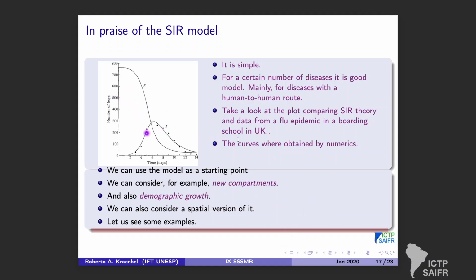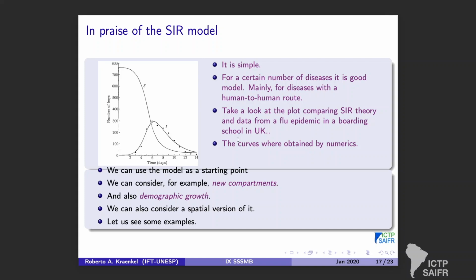This is the number of susceptibles, and this is the number of infectious people that go up and down. This is in a boarding school in England, a long time ago. So it's really a closed system with very few heterogeneities. That's why this situation was pretty much well explained by the model. It's a flu.